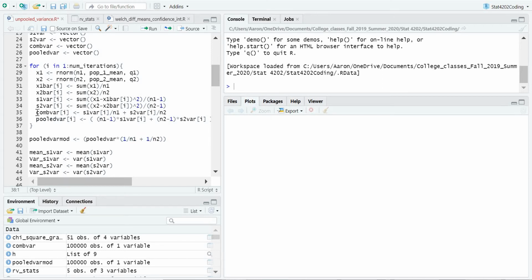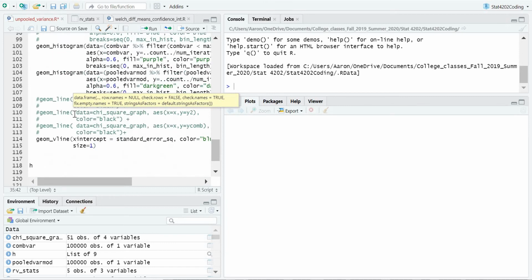Meanwhile, we're also going to calculate a Welch type variance, where we take S1, the sample 1 variance divided by n1, plus the sample 2 variance divided by n2. And those are the two estimates which we're going to be comparing.